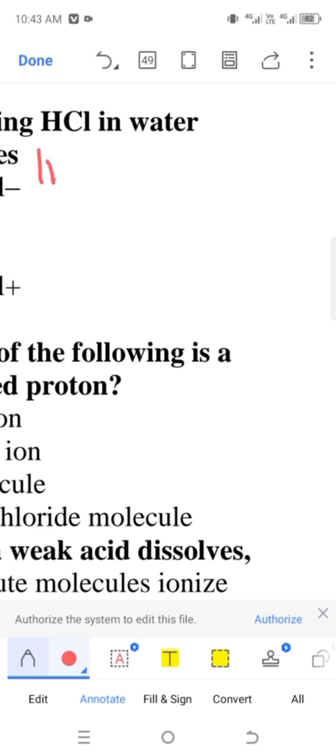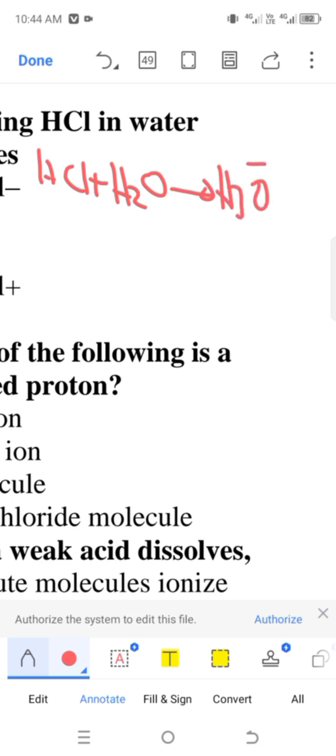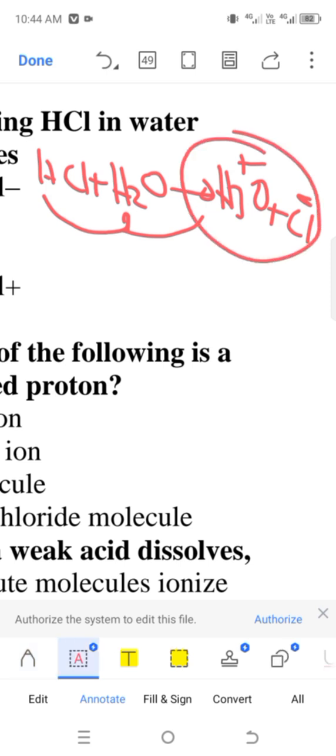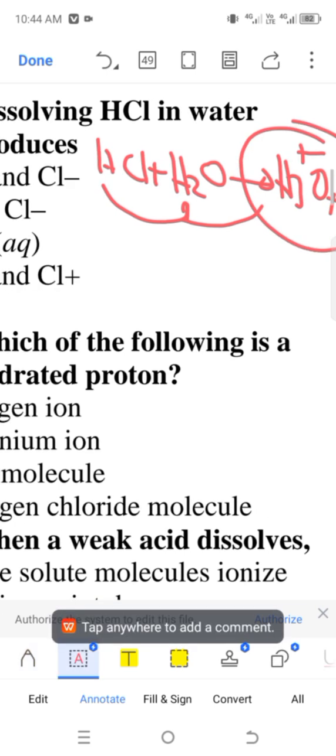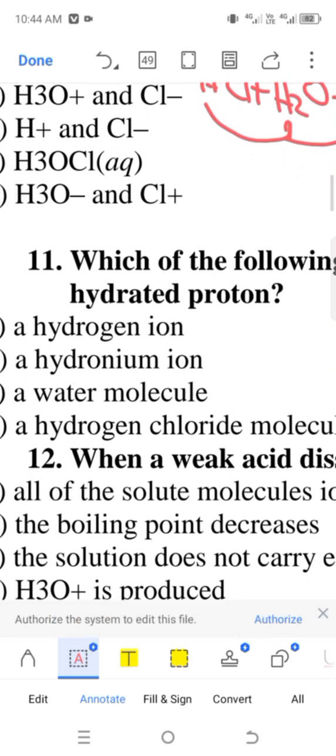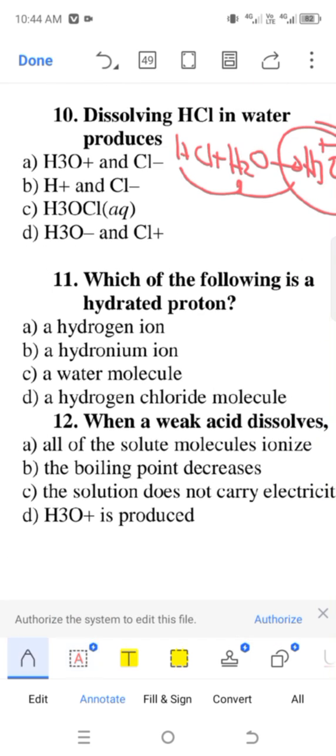HCl reacts with H2O to produce a hydronium ion, because HCl donates a proton to H2O to form hydronium, and then the remainder is Cl negative. So these two should be formed in the solution, hydronium and Cl negative. So A is the correct answer.